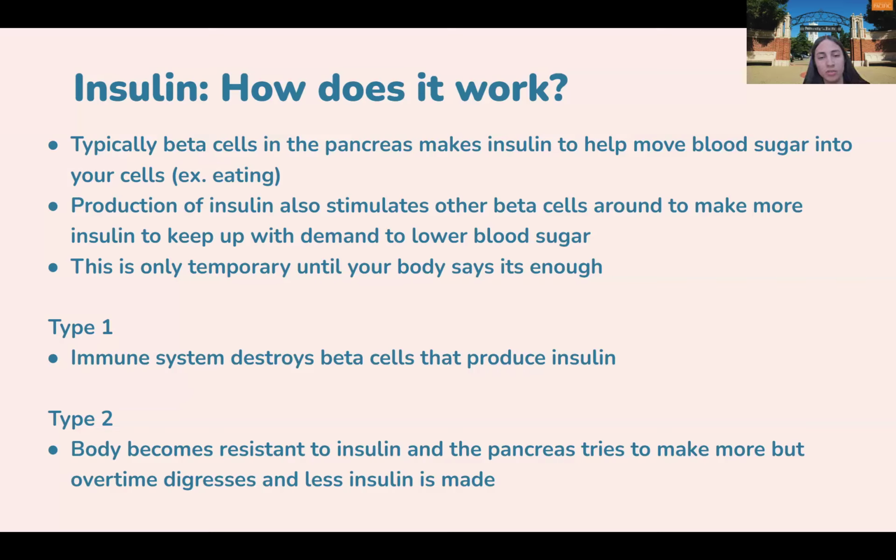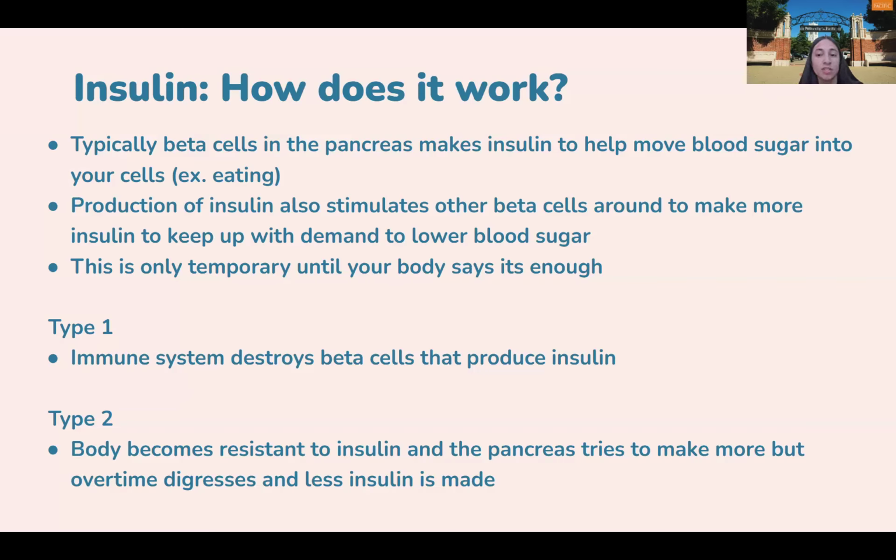And we'll go into it further in the slides progressing, but it's just that the body doesn't make any insulin at all. And then with type 2 diabetes, it's more so that the body does make insulin, but cells aren't really responding to it as well. So this is a term that we call insulin resistance that we'll elaborate further on.